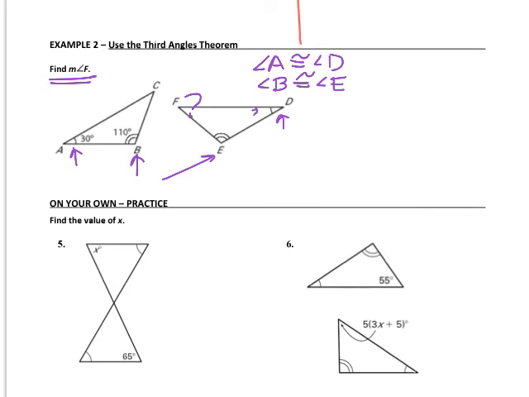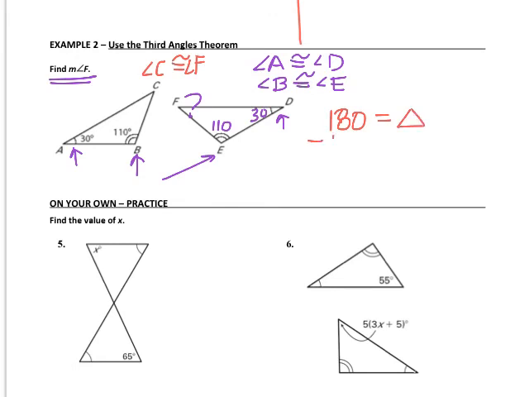So there we have a 30 and we have a 110, and we know that angle C has to be the same as angle F. So angle C and angle F are congruent. So basically we just take the 180 degrees that we know a triangle adds up to. So 180 is the sum of a triangle.